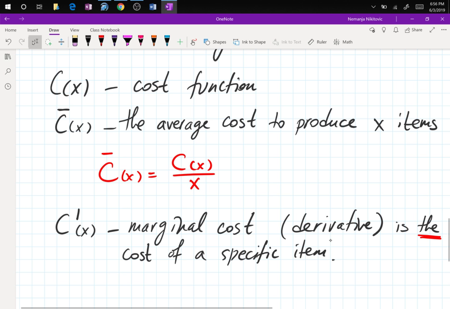The 100th marker produced, so 98, 99, 100. The 100th unit that came along on that conveyor belt, that particular unit needs to have a smaller marginal cost than the ones before that. The 1,000th needs to have a smaller cost, and the 1,000,000th and so on.